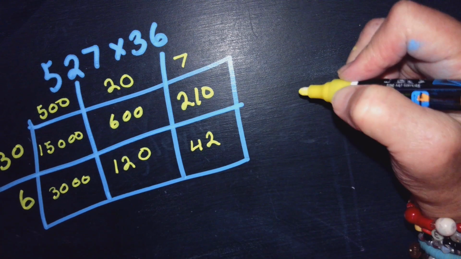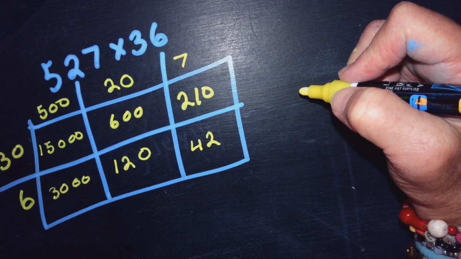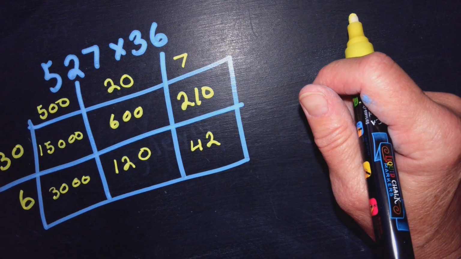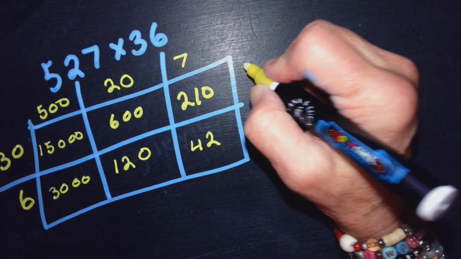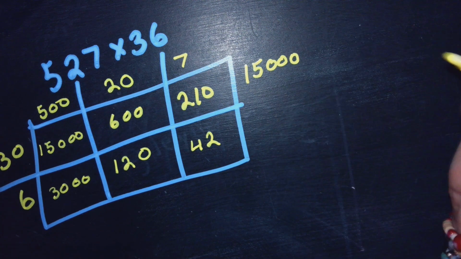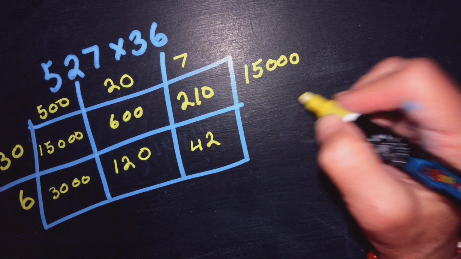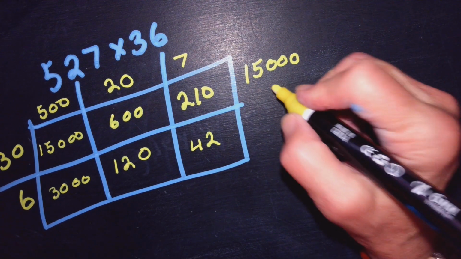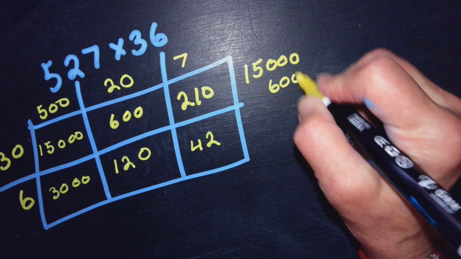Now, last time I added those across, and then I added them down, but I don't know if I can add those in my head. So if you can't add those in your head, just line them up. The first number is 15,000. The second number is 600.